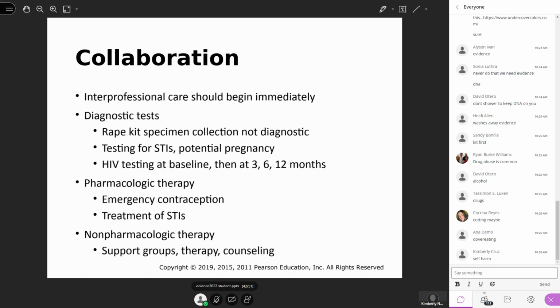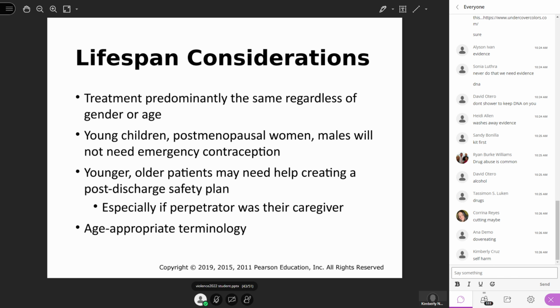We also need to think about the STDs and potential pregnancy. HIV testing is going to be done at baseline, and then there's going to be a follow-up at 3 months, 6 months, and 12 months. Okay. The emergency contraception, STD treatments, and the non-pharmacological will be referrals to support groups or counseling.